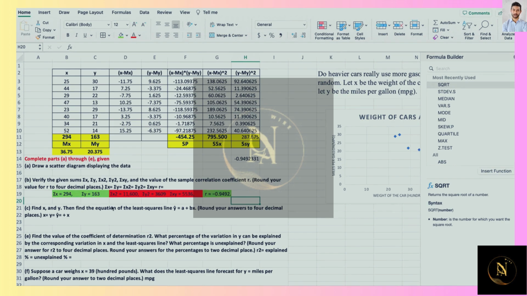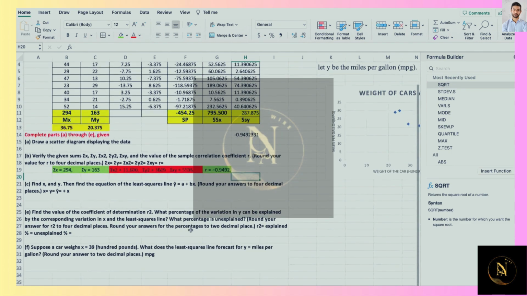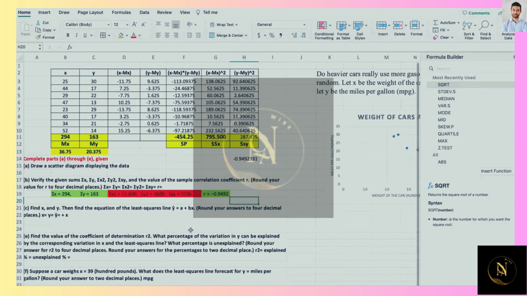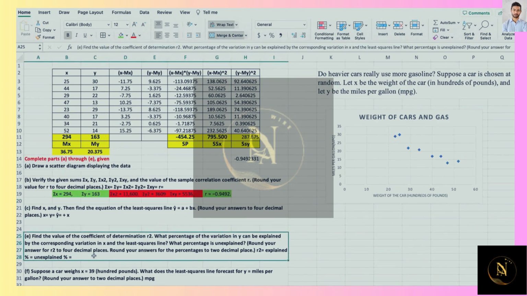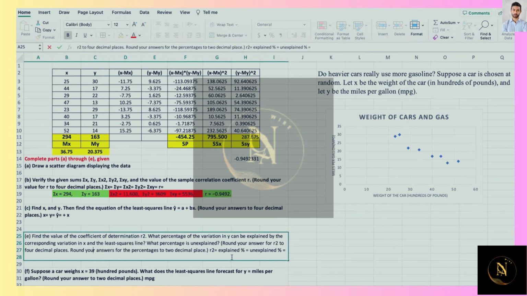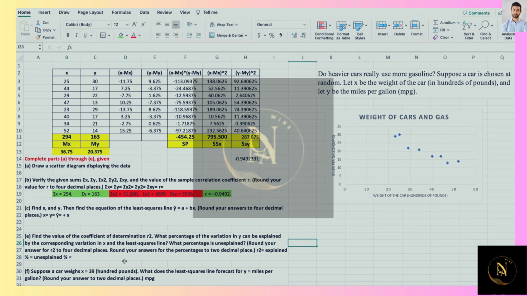Then we are going to find the value of the coefficient of determination, r squared. What percentage of variation in Y can be explained by the corresponding variation in X and the least squares line? What percentage is unexplained? Round your answer for r squared to 4 decimal places. So r squared equals this number squared.